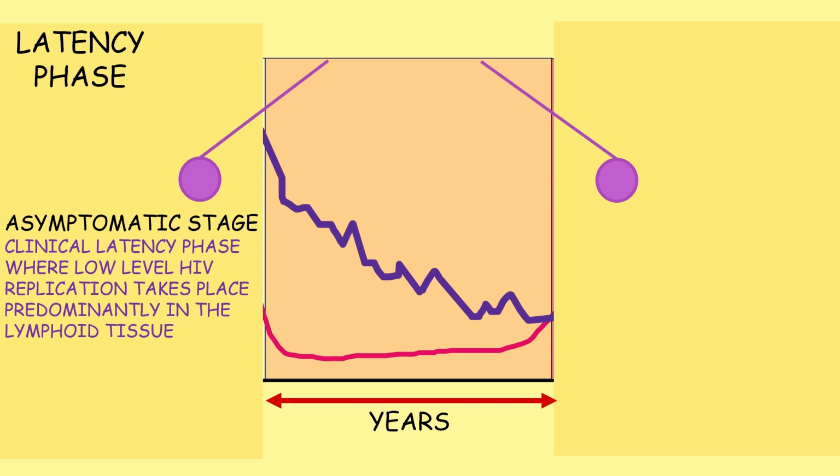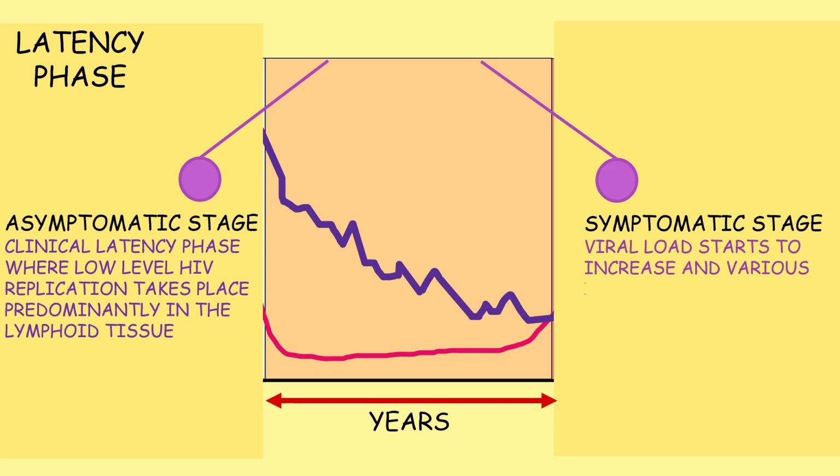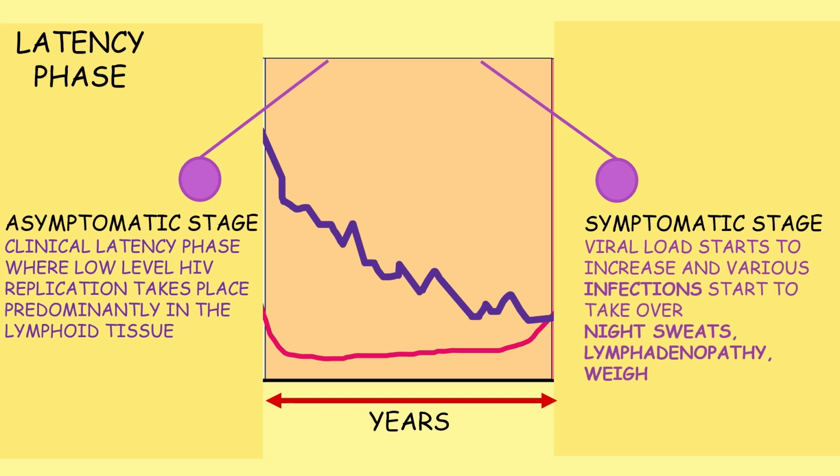Hence, the patient does not exhibit any symptoms. Second is the symptomatic stage. Here, viral load starts to increase and various infections start to take over. Other than that, the patient exhibits night sweats, lymphadenopathy, weight loss. The CD4 cell count ranges over 200 to 800 cells per cubic millimeter.